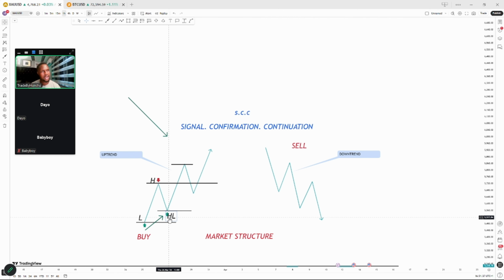This is cool, because now the market is showing us that it is going up. It seems as if the buyers are now in control, because they have more money than the sellers. We only have one seller here, and now we have two buyers and one seller. So the buyers are clearly in control.